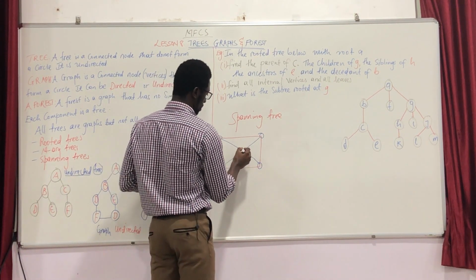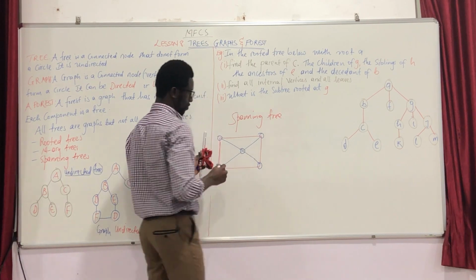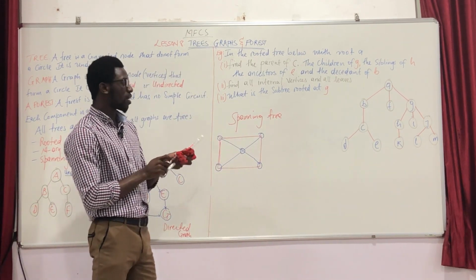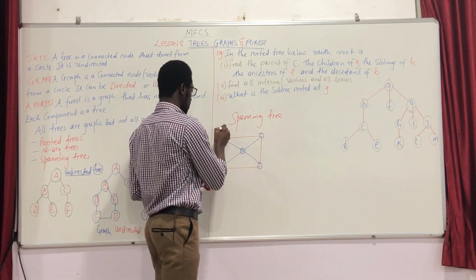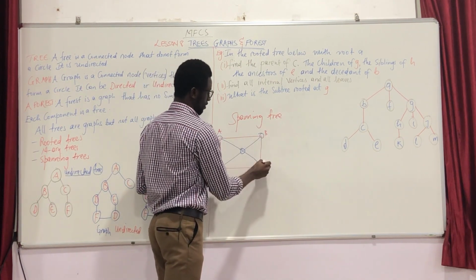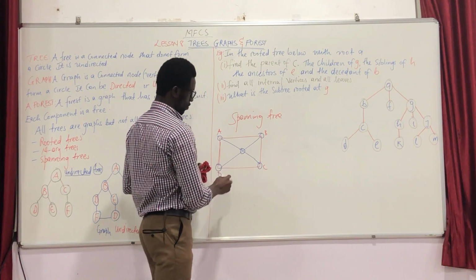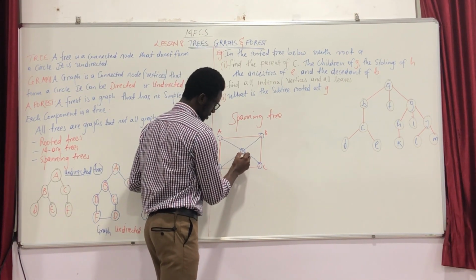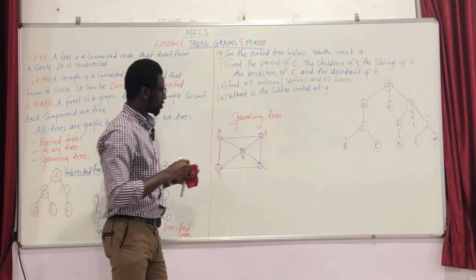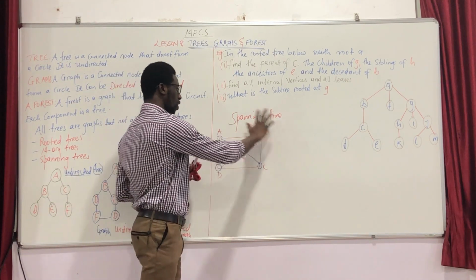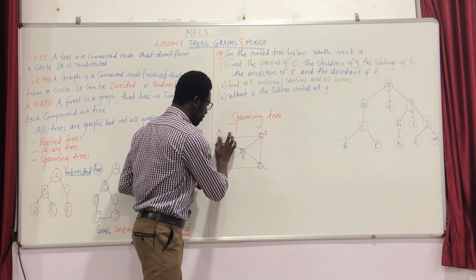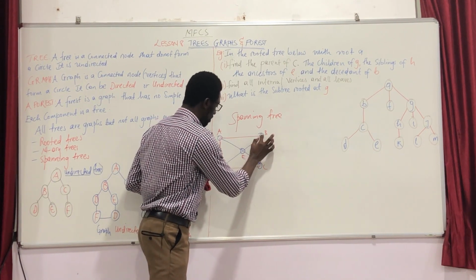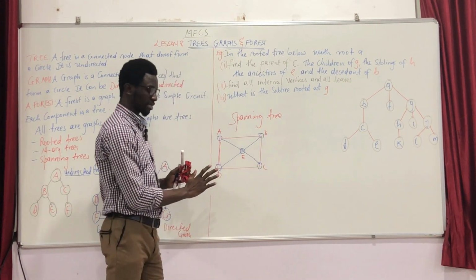Then you have this one, for example. So now, we have 4 cities, A, B, C, D. You can even add this, E. Now we want to reach all these cities without forming a loop, because whenever you move from this point to this point A, you can go further to the next point.